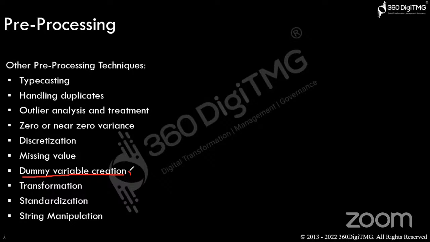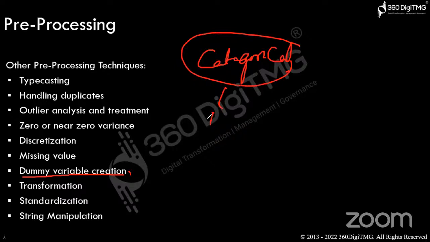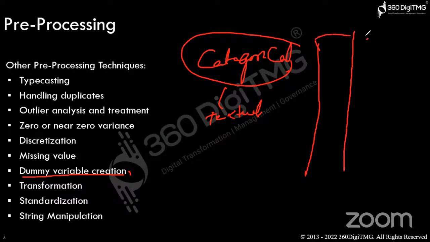Dummy variable creation. Whenever you have categorical data, which is textual, you have to convert it into numeric.